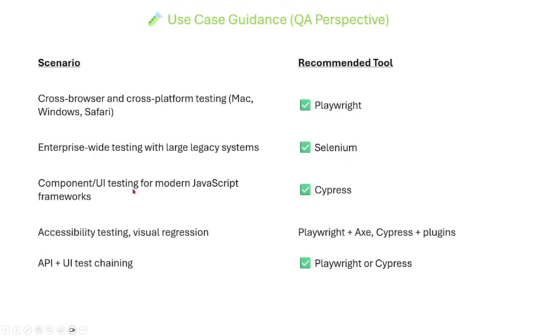Component UI testing for modern JavaScript frameworks: use Cypress. Accessibility tests and visual regression tests: all three can use Playwright, Cypress, also Selenium. API and UI tests: Playwright and Cypress.